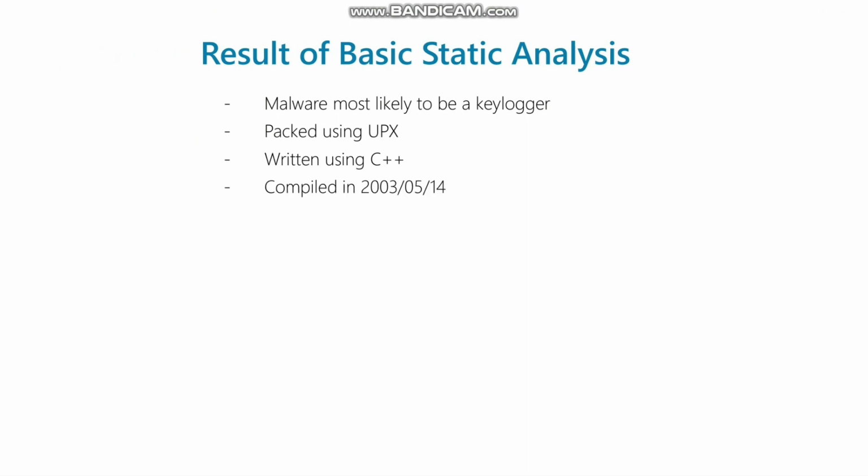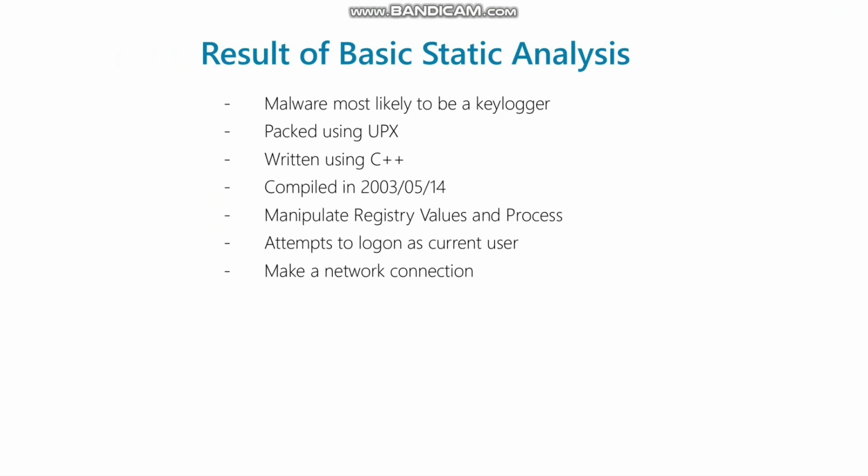It was compiled in 2003, in the month of May, on the 14th. Using Dependency Walker, we can roughly guess that the malware is trying to manipulate registry values and processes. It attempts to log in as the current user and make a network connection to this address, which we saw in BinText.